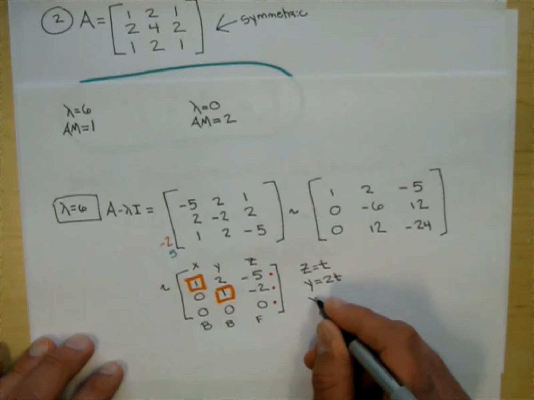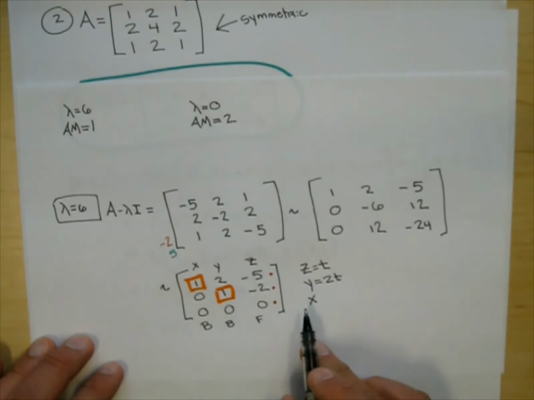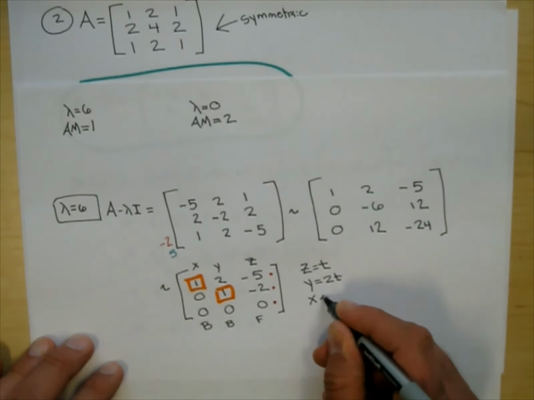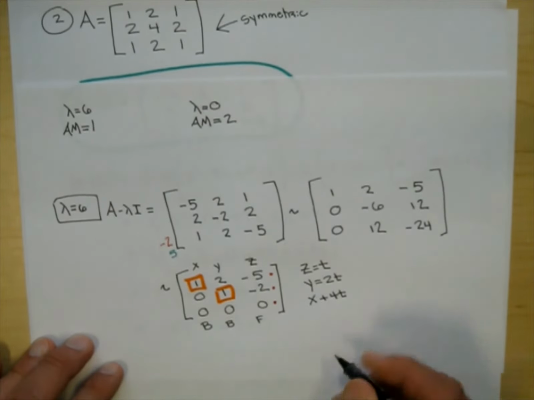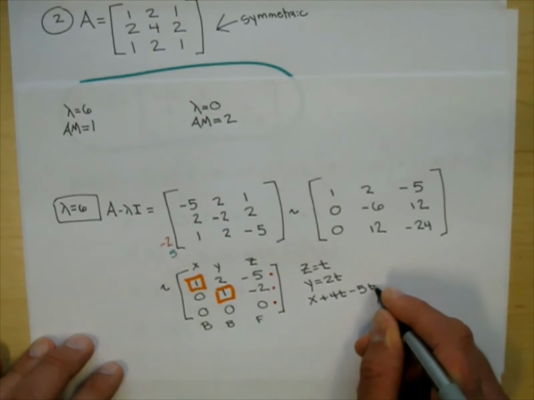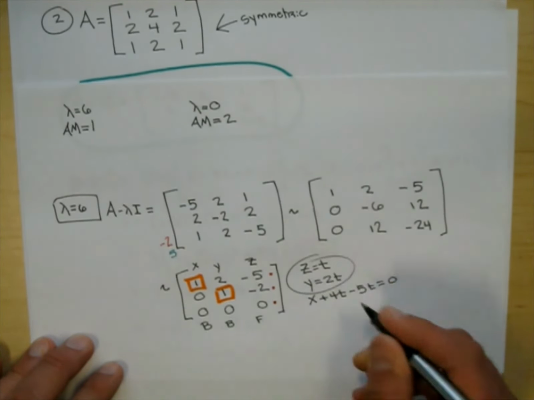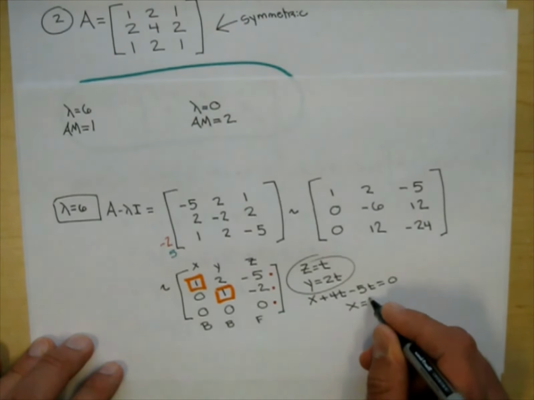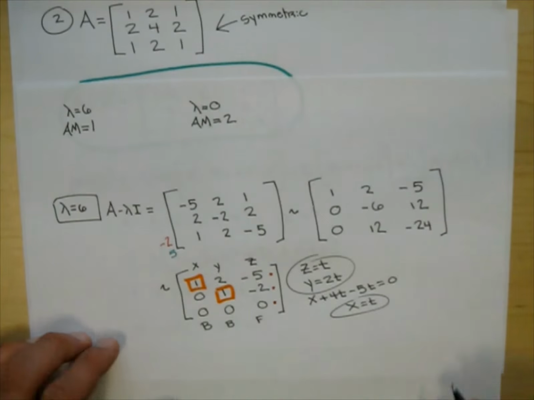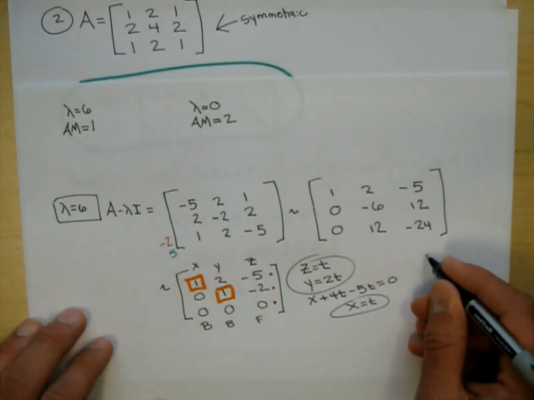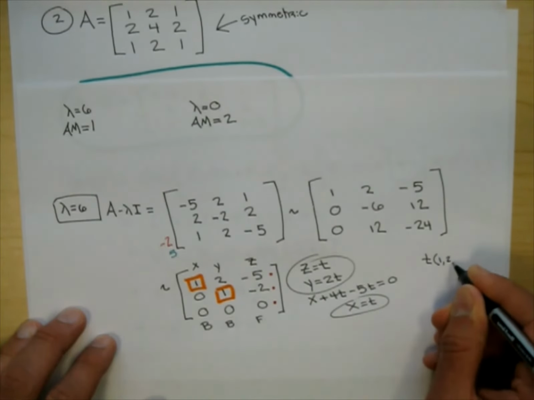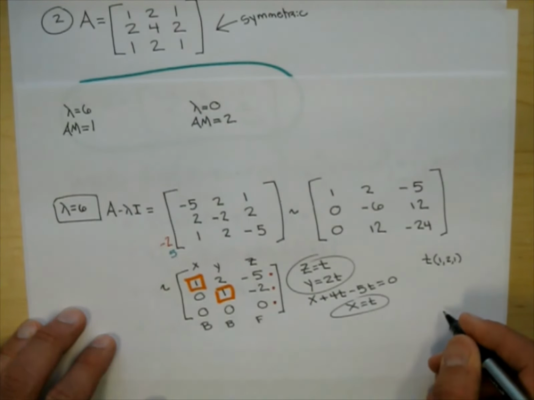And from the first row, x plus 2 times y, so plus 4t, minus 5t equals 0. So x is going to equal t. My eigenvectors are going to look like t times 1, 2, 1, where t does not equal 0.